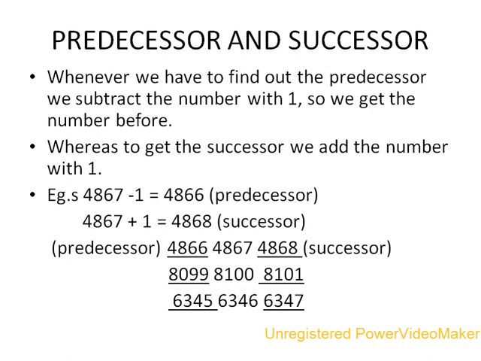To get the successor, I will add 1, I will get the answer 8101. Another example, 6346. The predecessor of it will be 6345 and the successor will be 6347. In this way, we can find the predecessor and successor of 4-digit numbers.